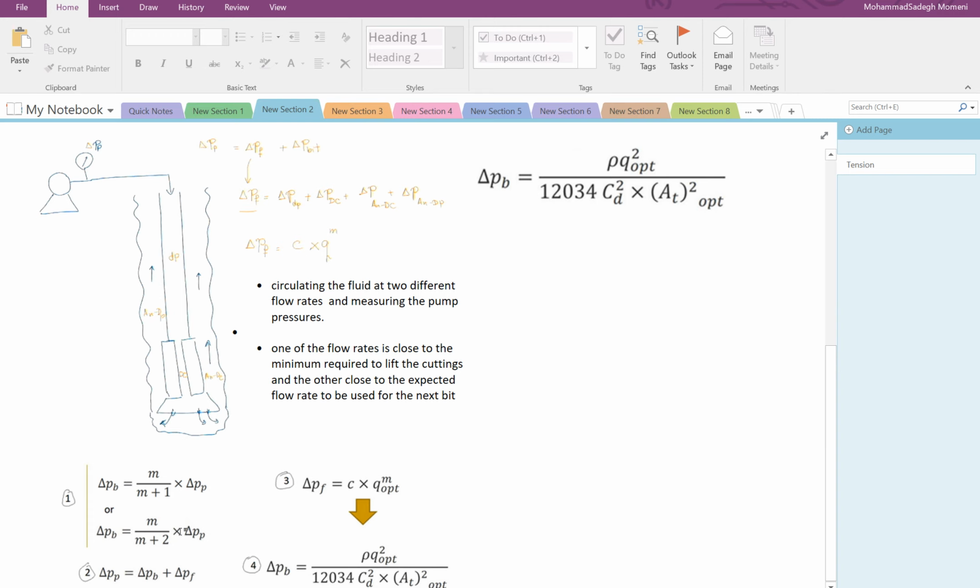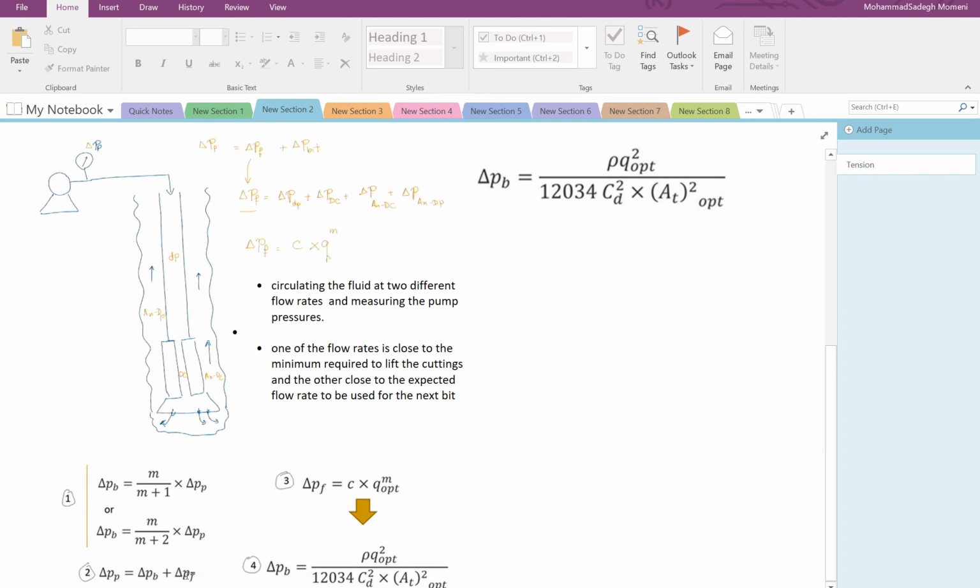So when I have the pressure drop in the bit and the pump pressure, I can find the frictional pressure drop.